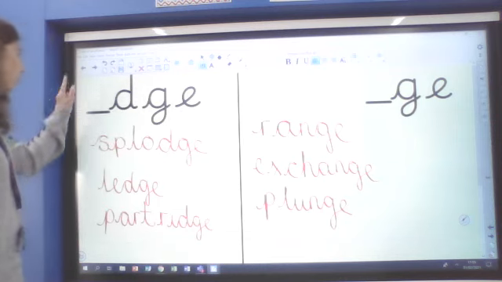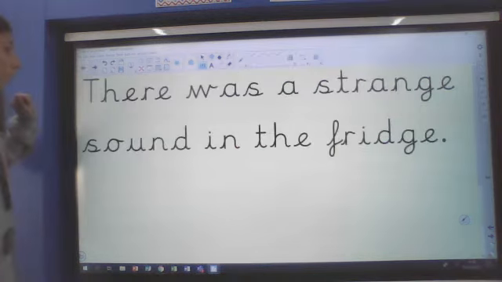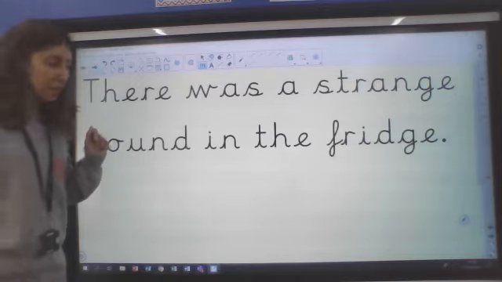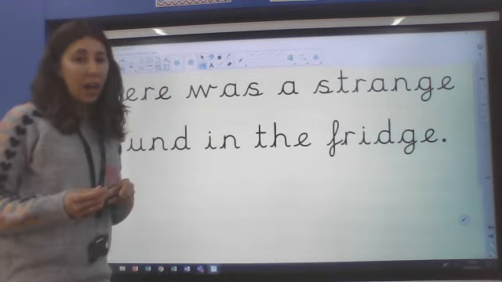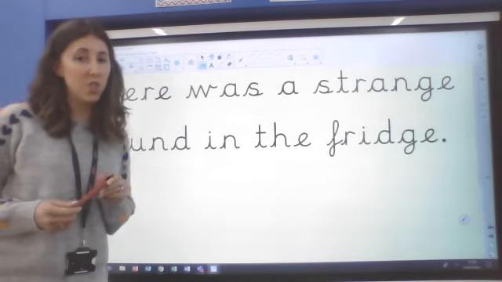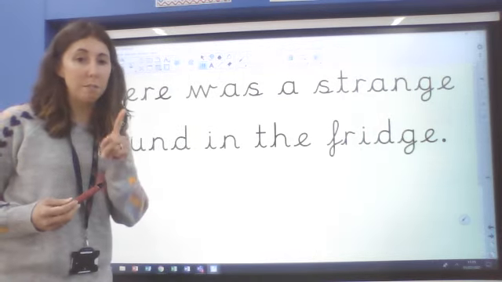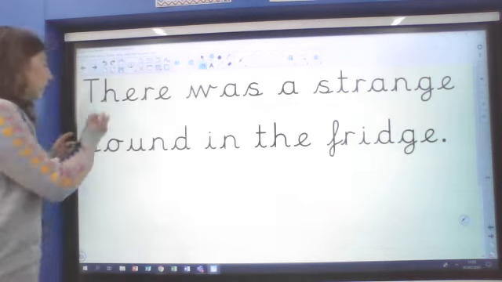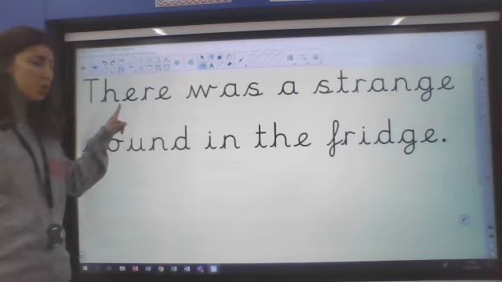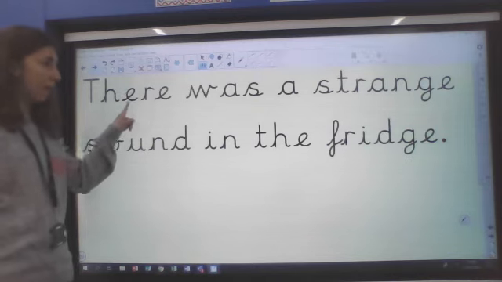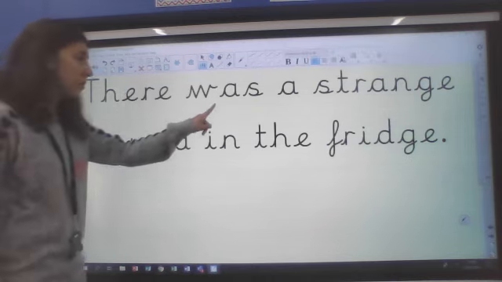words out. Okay. We've got a sentence to read today to apply our J words. And then I've got a really tricky sentence for you to write me down today. Okay, I've got tricky word at the start, two tricky words. This one is the word there and then was.